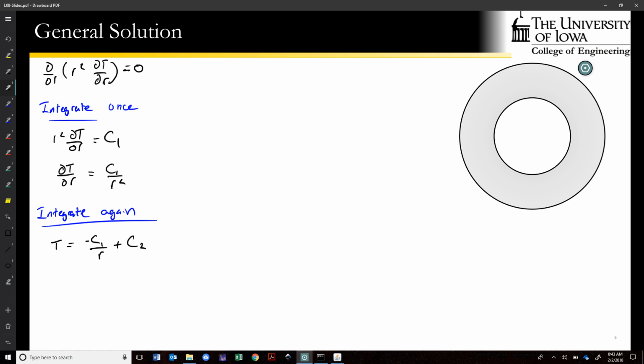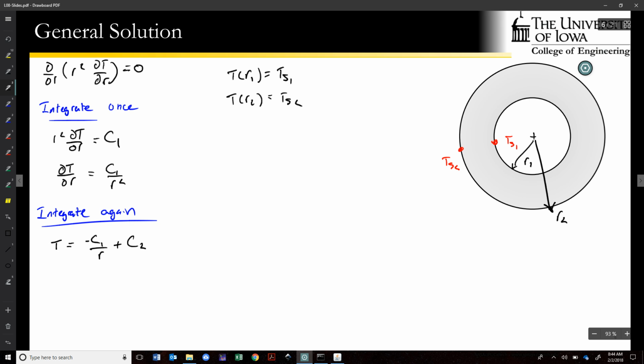So finally, let's say we did specify boundary conditions at radius 1 and radius 2. Once again, it would just be a matter of plugging those in, saying that T at r1 is equal to Ts1 and T at r2 is equal to Ts2.